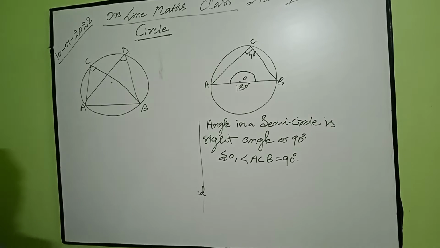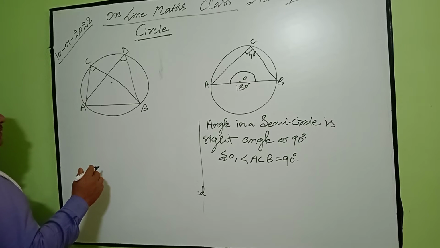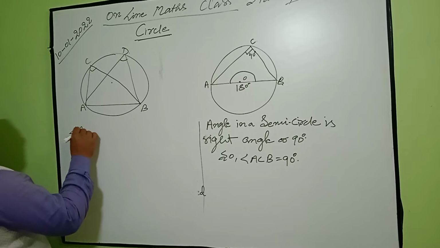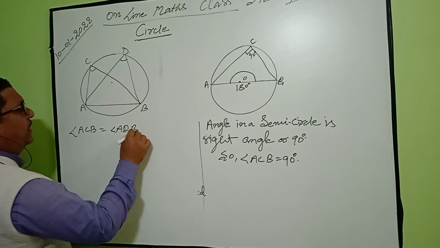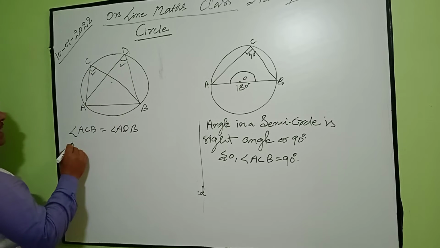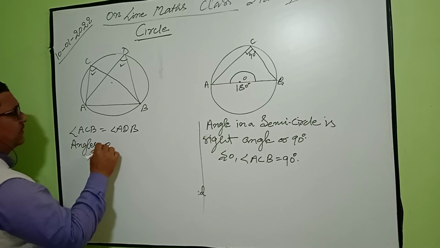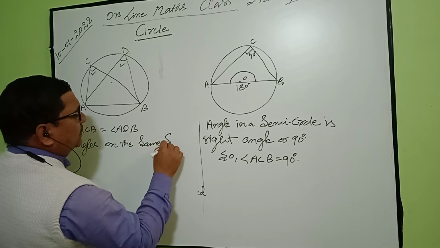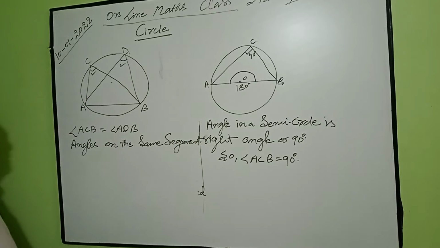Now, angle ACB equal to angle ADB. The reason will be that this angle and this angle are the same: angles on the same segment.